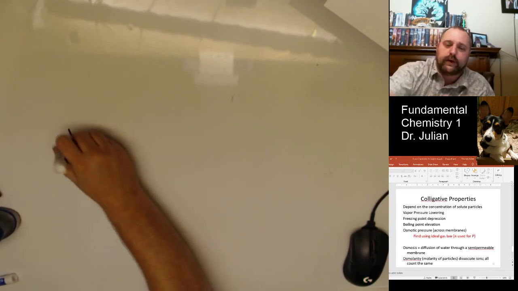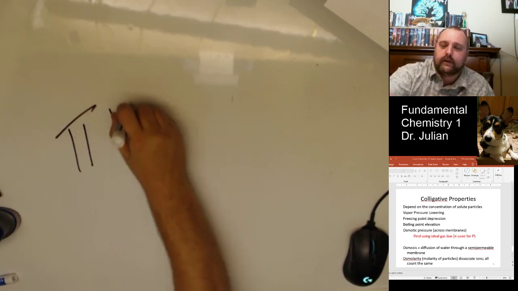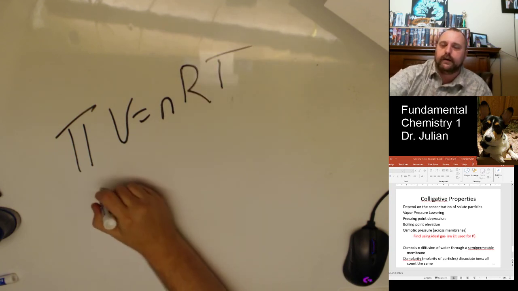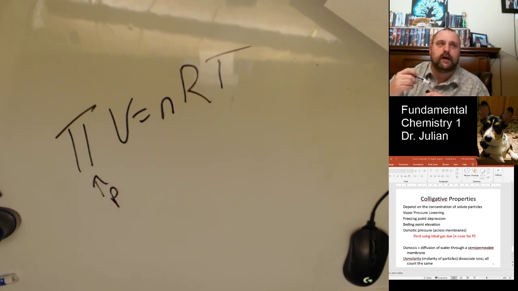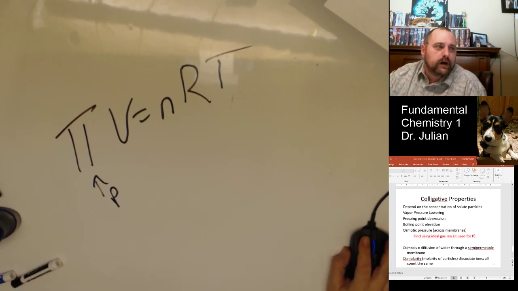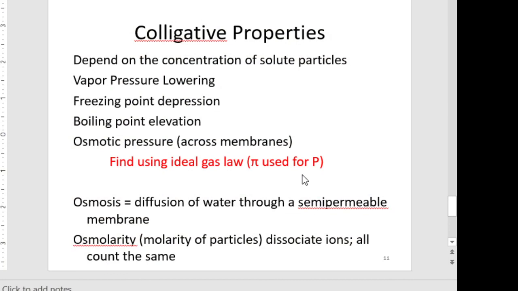So osmotic pressure. Oh, look at this. This is capital Pi. That's osmotic pressure. So do it just as if you find this, but you have to dissociate all the ions. All right. So when you do n, it's got to be all the ions.